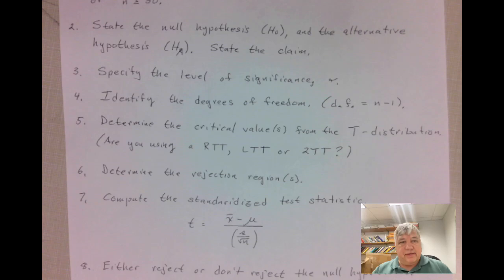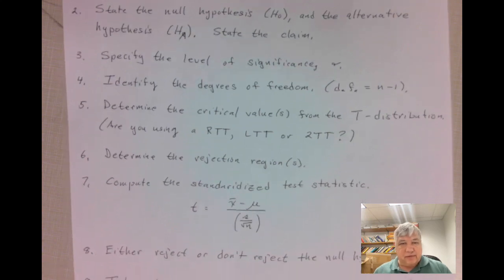It depends on what the alternative hypothesis says. But once we do, then we use the t-distribution. We identify the degrees of freedom and look up the t-distribution. Then that gives us the critical values. That gives us our rejection region.